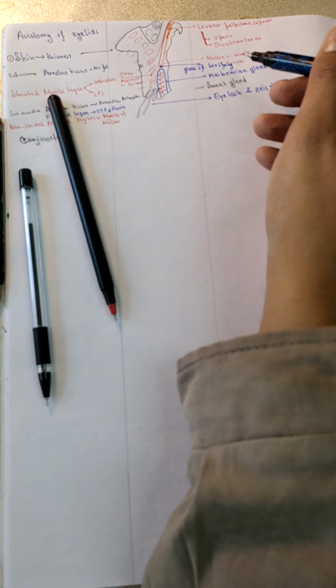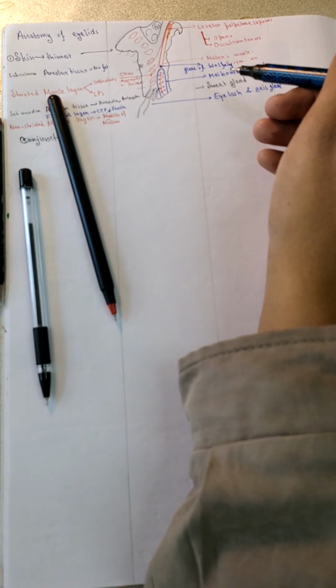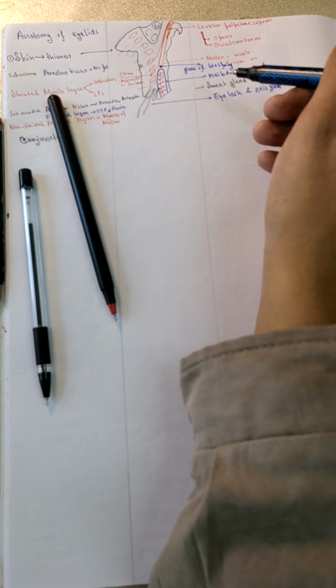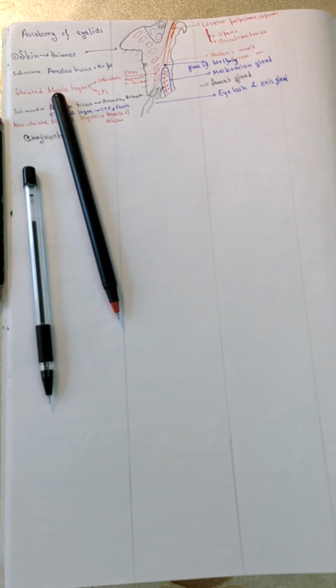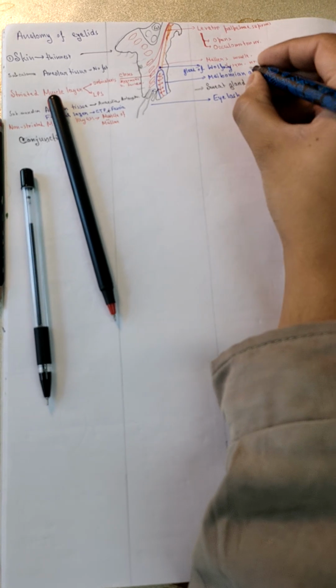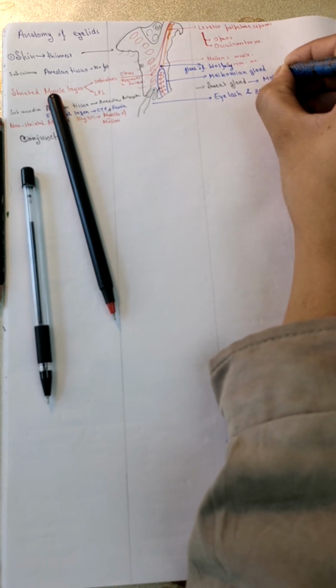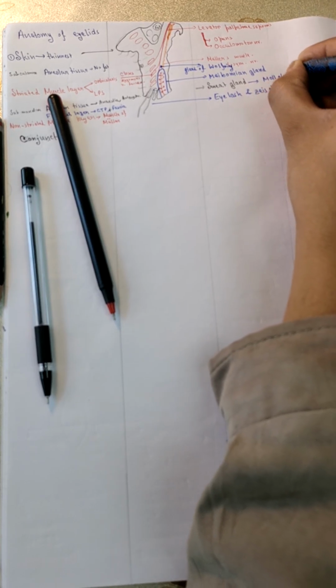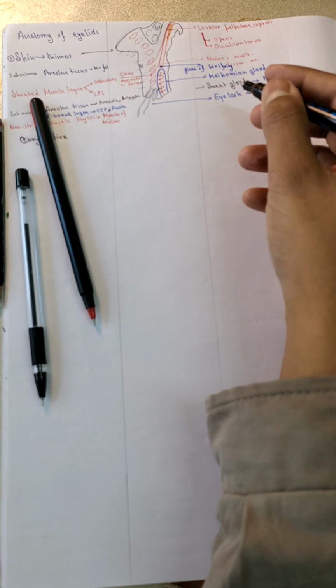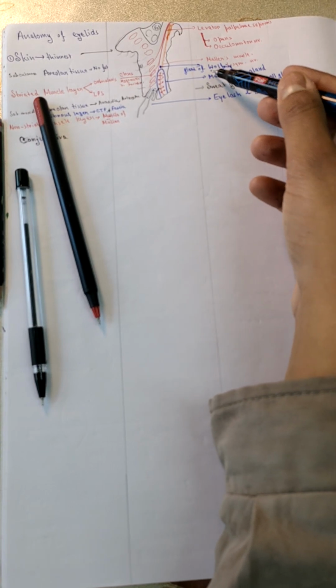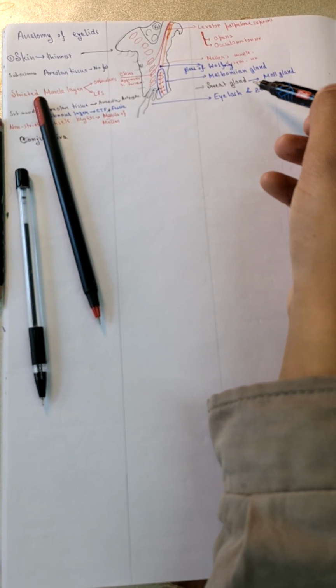So I have a total of 4 glands; one is remaining, the gland of Moll. The modified sweat gland is Moll's gland. So the 4 are Wolfring, Meibomian, Moll, and Zeiss.